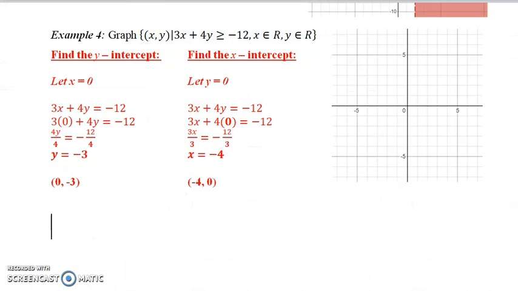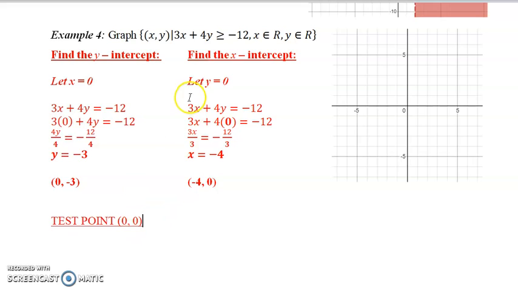Because our equation is not in y equals mx plus b form, you may want to do a test point here. If you recall, the test point we usually pick is 0, 0, which is a good one.